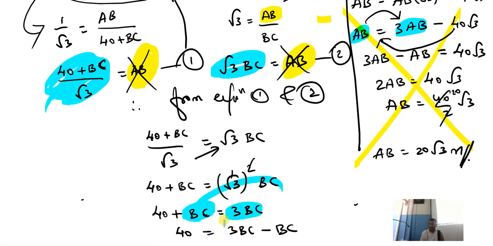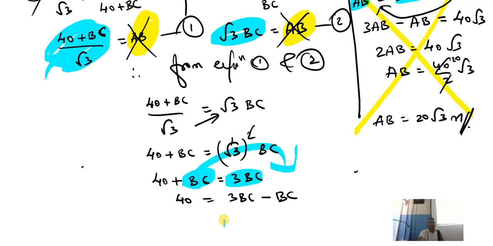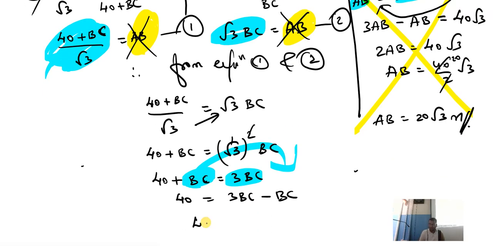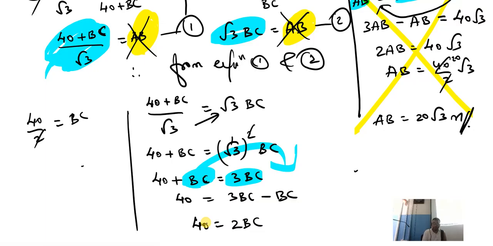This plus 1BC comes to the other side, it becomes minus 1BC. Now 40 is equal to 3BC minus 1BC, 2BC. Now 40 by 2 is equal to BC. 2 ones are 2, 2 twos are 4, so the value of BC is 20 meters.